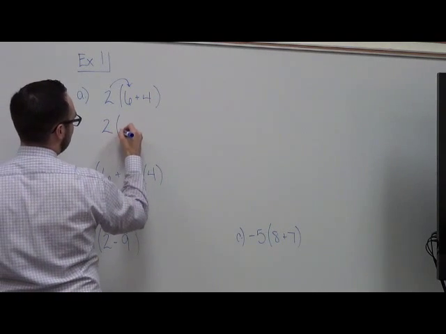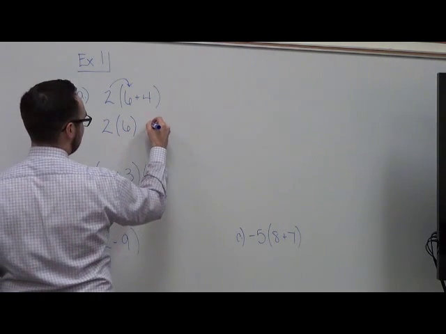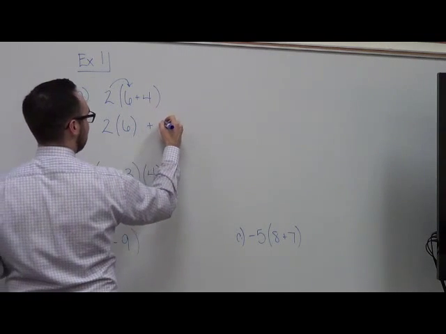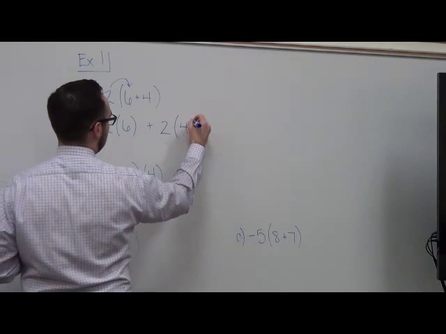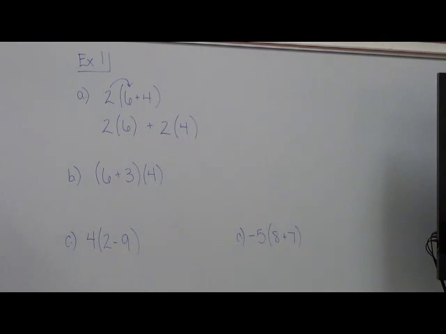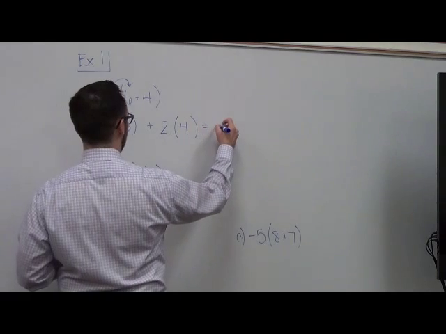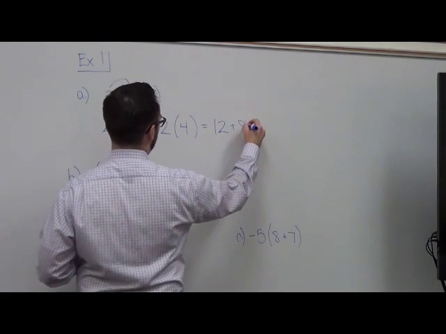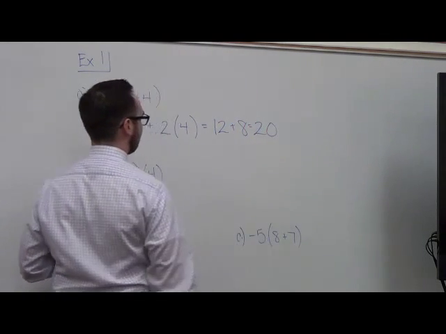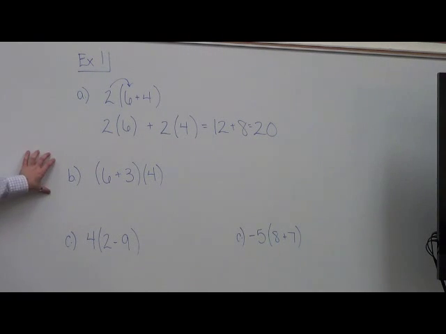You have 2 times 6, keep the addition sign, and then 2 times 4. So you want to think about it as you're evenly distributing something across several different objects. And so for this instance, it's evenly distributing a multiplication across several different numbers. And then you could rewrite that and say that it's going to be 12 plus 8, which would give us 20.